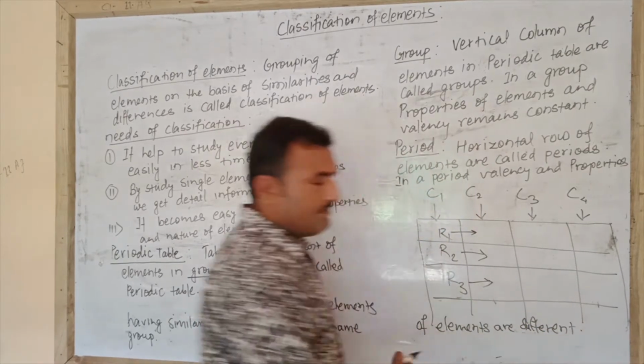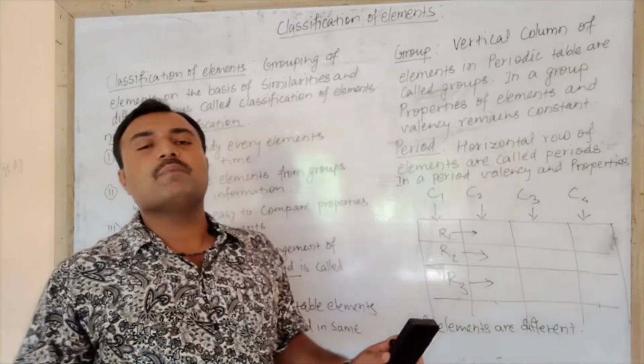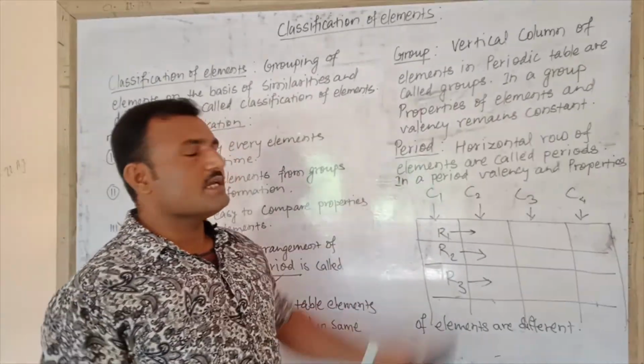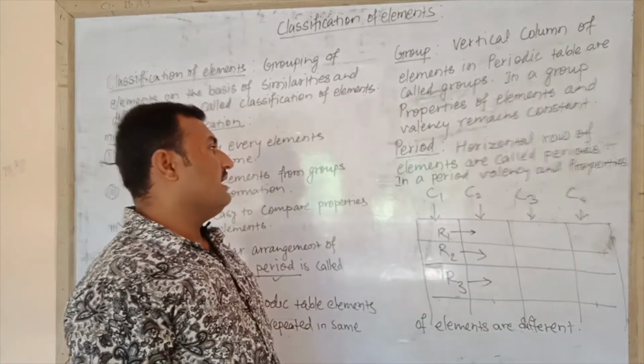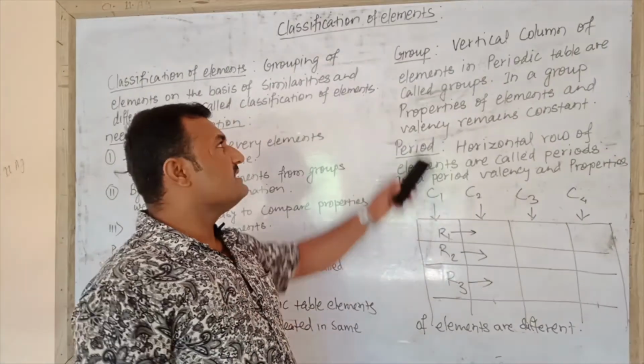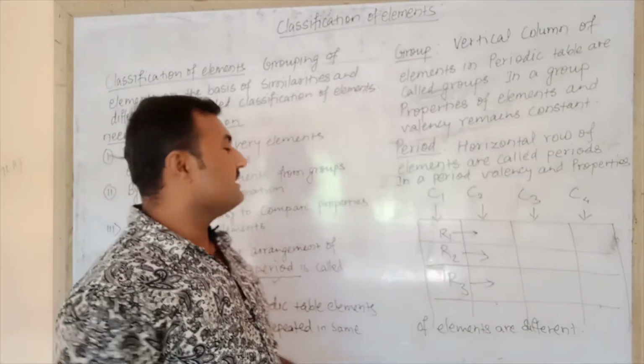Even in the same period, properties and valency of elements are different, but in the same group, properties and valency are identical. In this way, we can distinguish between group and period.